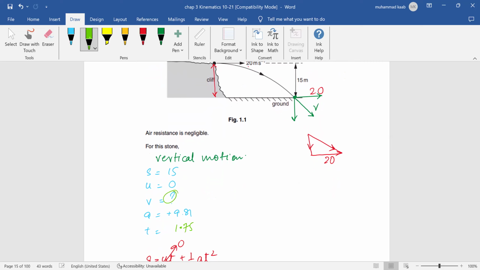Only this variable is unknown, so we can use any equation of motion because we know four quantities. I'm taking a equals v minus u over t, where a is 9.81 and t is 1.75. Just multiply it with 9.81 and you'll get v. How much?